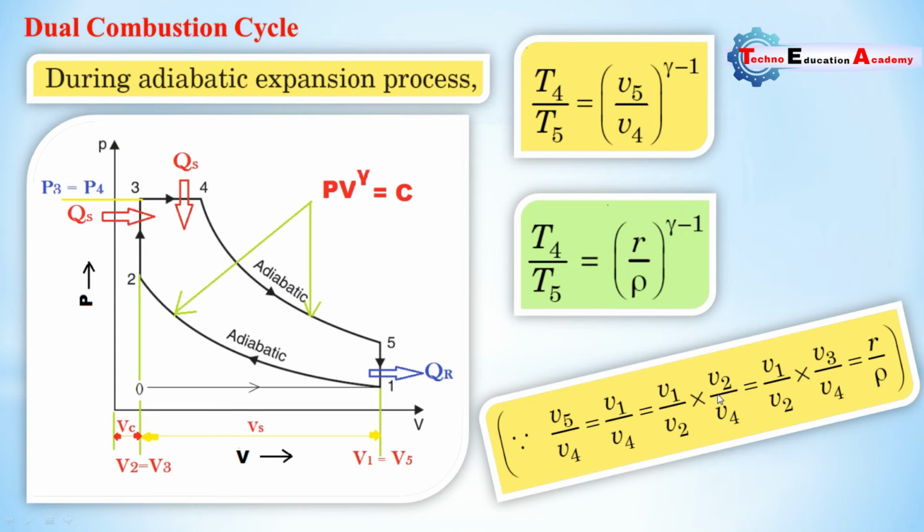We know that V1 by V2 equal to r, and we know that V4 by V3 is the cutoff ratio. But here V3 by V4 is there, so it is equal to 1 upon rho. So finally we can put V5 by V4 equal to r upon rho, and put this value r upon rho instead of V5 by V4. So this is the simplified term of this equation.